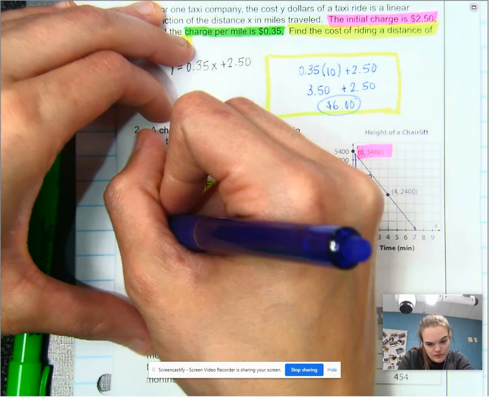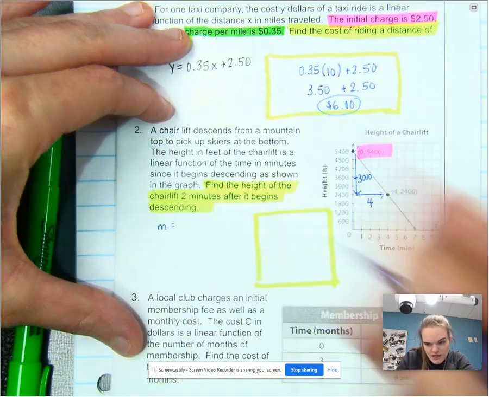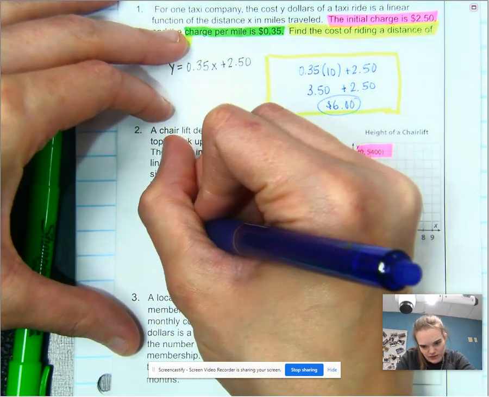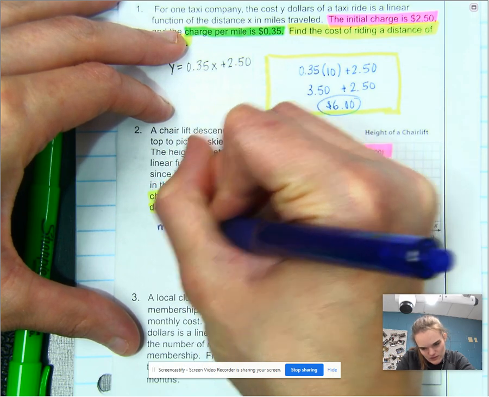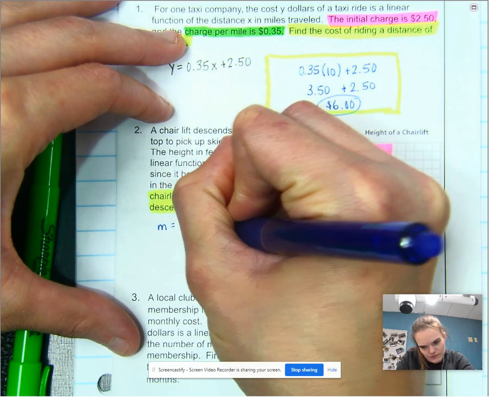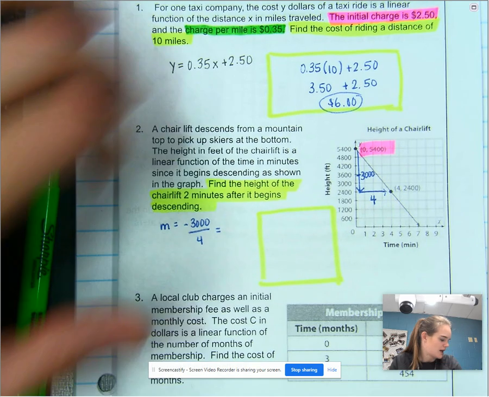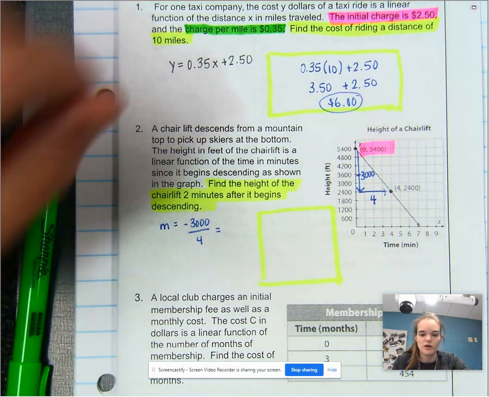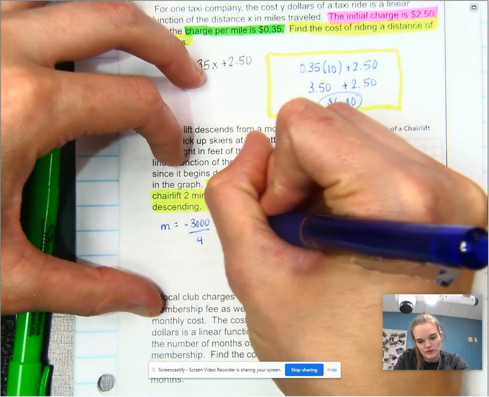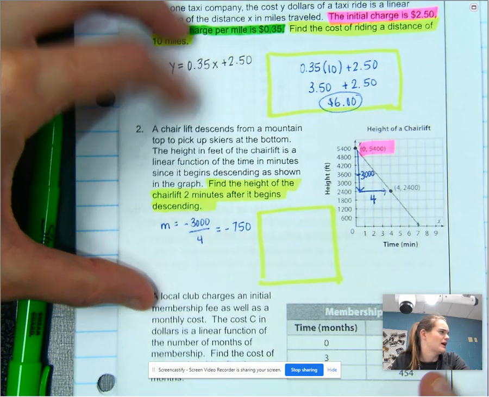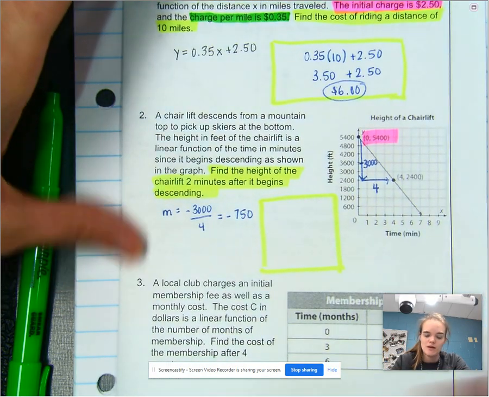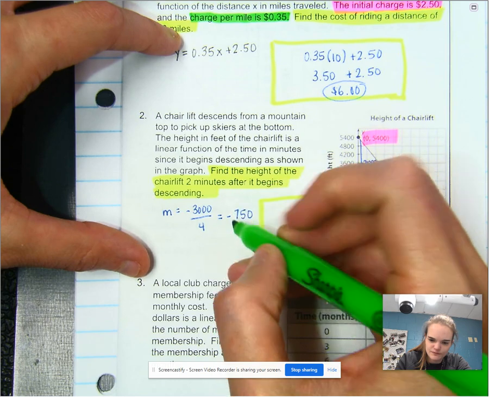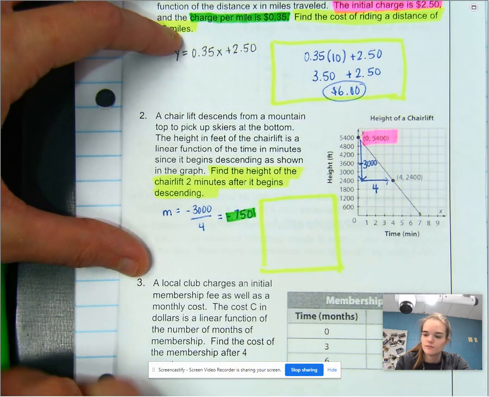So our slope, m, is negative 3,000 divided by 4. And negative 3,000 divided by 4 is negative 750. So we'll write our equation now. Here's our slope.